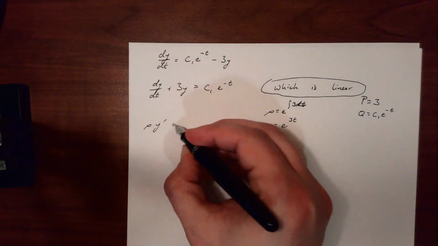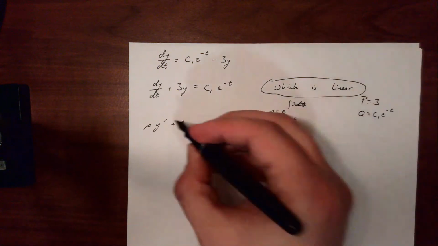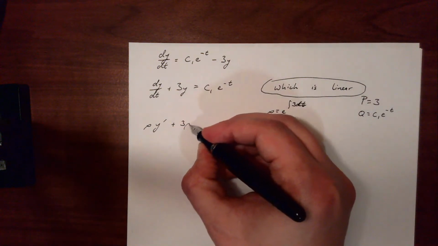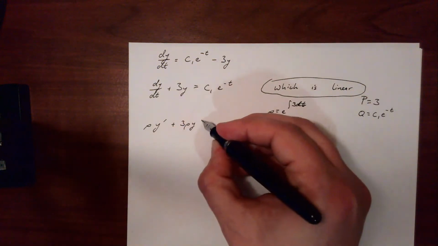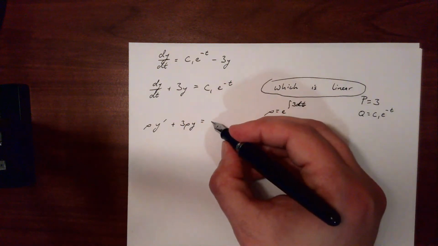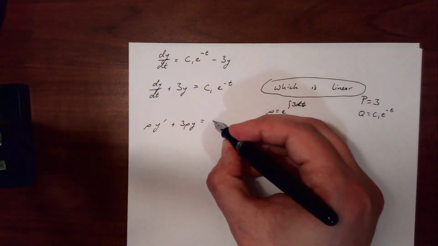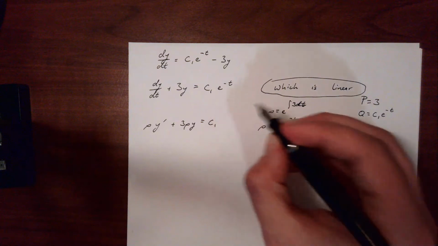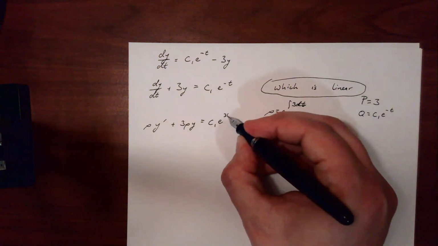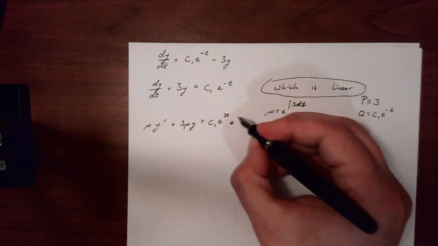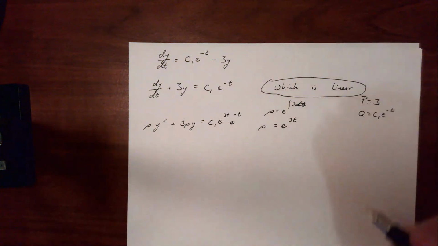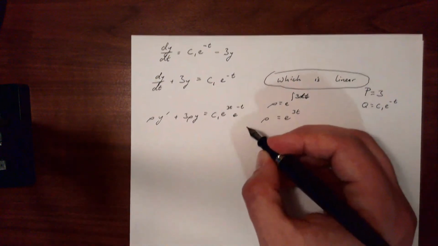So rho y prime plus 3 rho y is equal to c1 e to the 3t e to the negative t, so I multiply by the rho there.